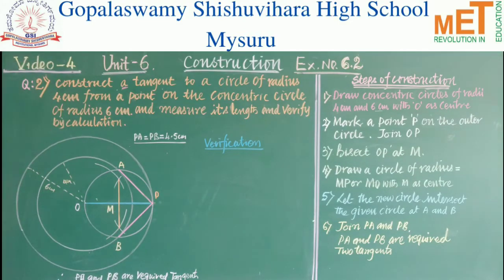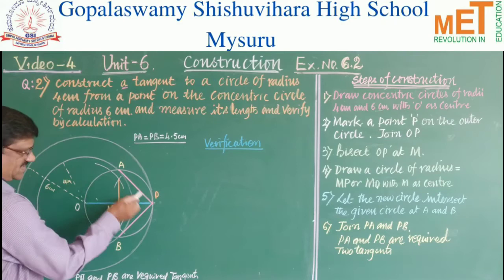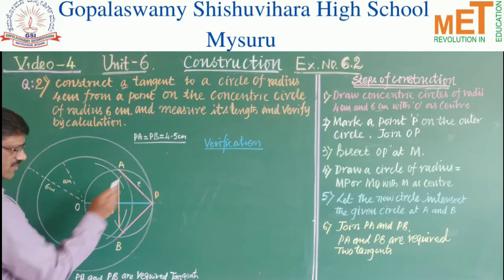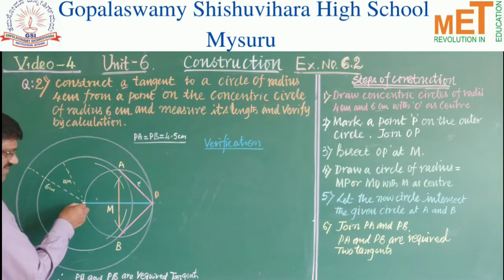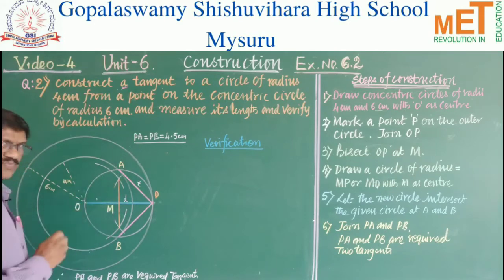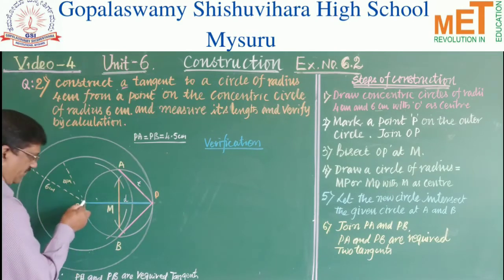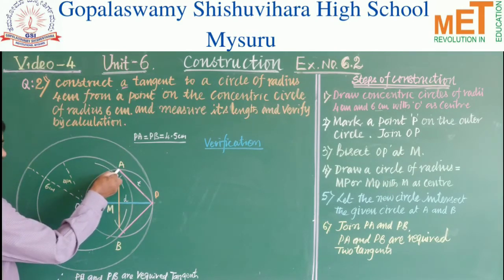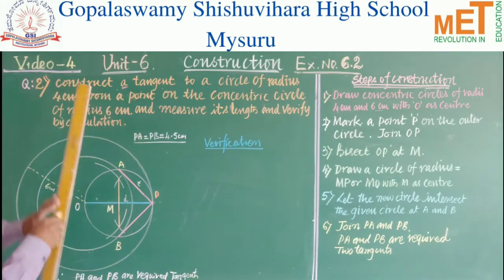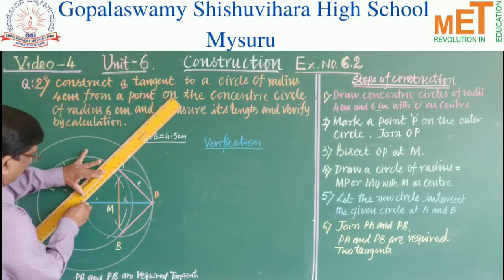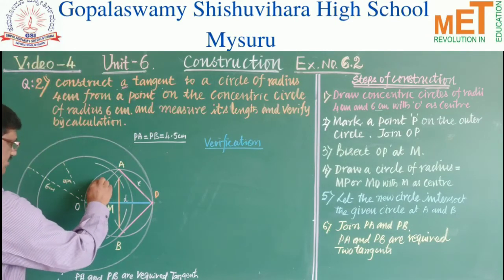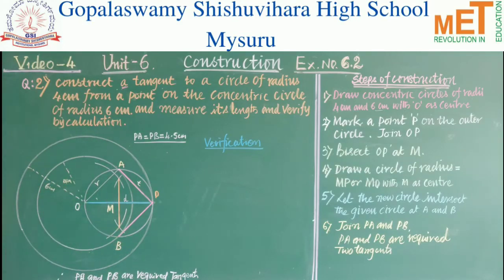So children, here you see, this is a tangent, AP is a tangent, let us consider this as T. The distance between the center to the external point, let us consider as D. The distance between O to A is the radius of the circle. OA is nothing but the radius of the circle.